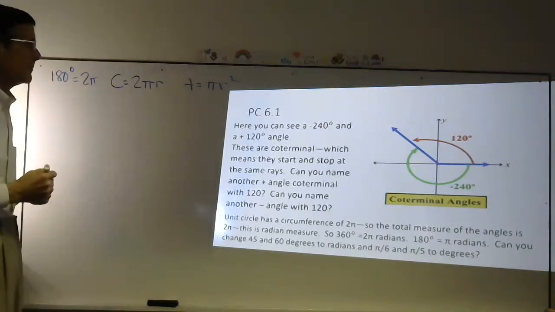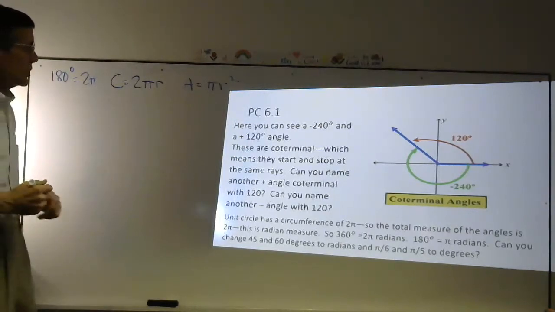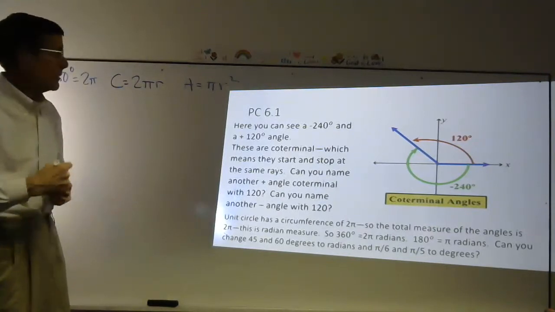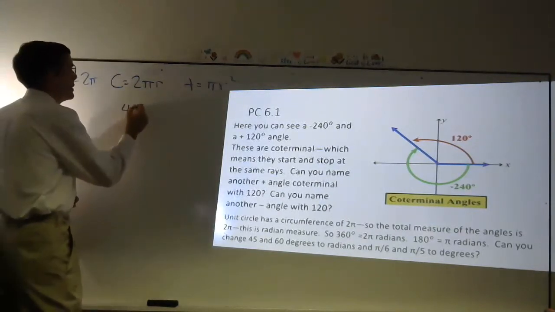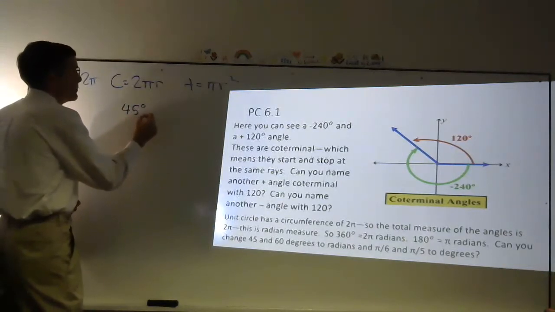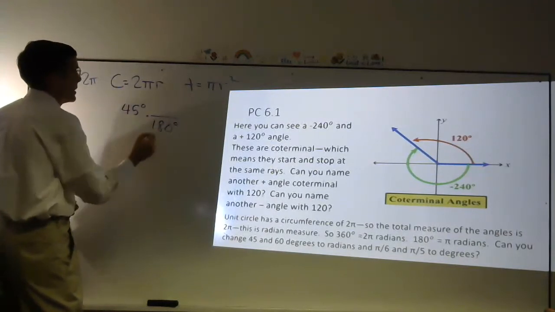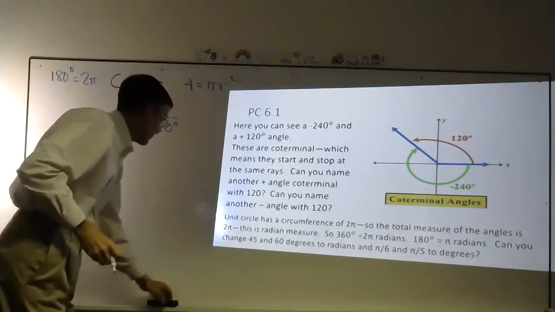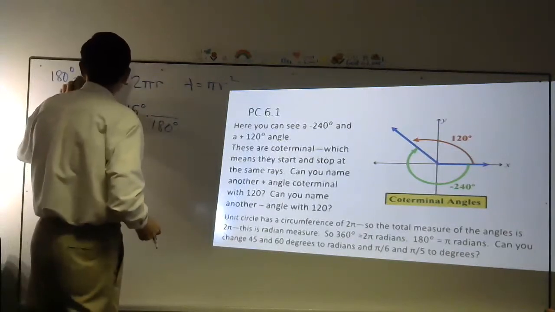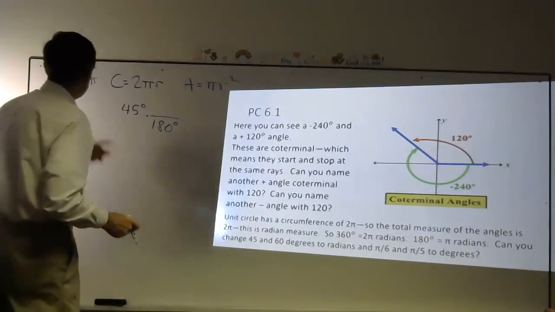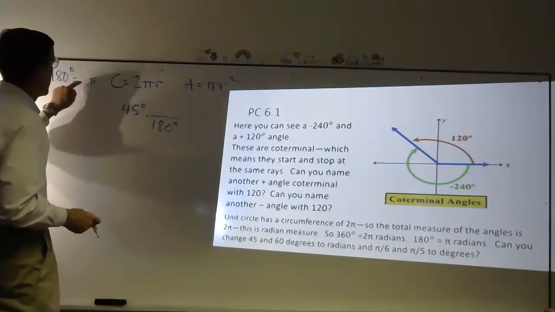We will need that. Suppose you want to change 45 degrees and 60 degrees to radians. If you have 45 degrees, you want to get rid of degrees, so degrees will go on the bottom. So 180 degrees goes on the bottom, and, senior moment, 360 is 2 pi radians, 180 is just pi radians.